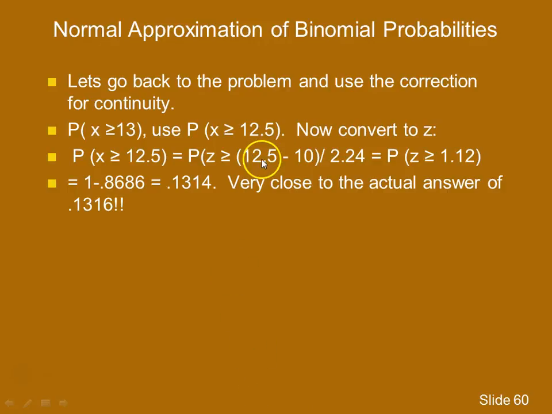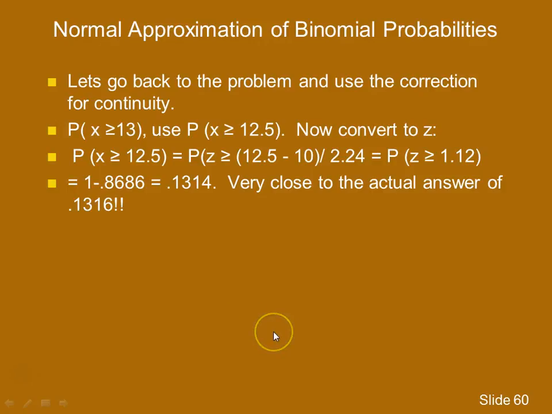Take 12.5 minus the mean of 10 over the standard deviation of 2.24. Now we get a z-value of 1.12. If you go to your z-table or use your calculator, you will find the probability that z is above 1.12 to be 0.1314. Very close to the actual answer of 0.1316.